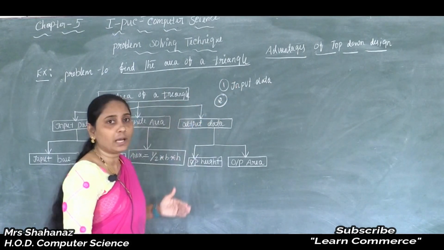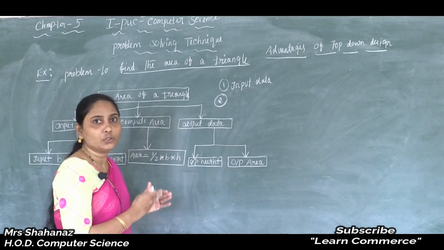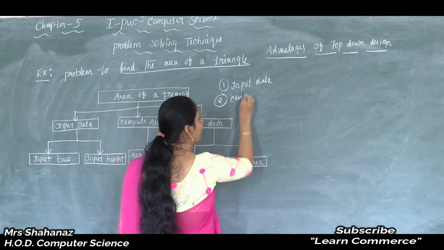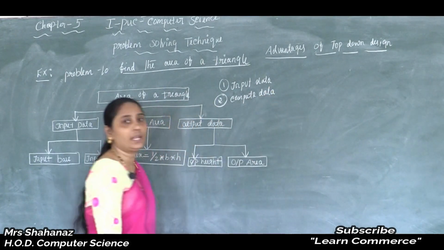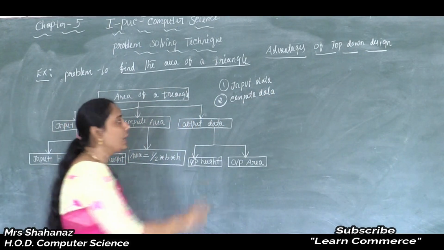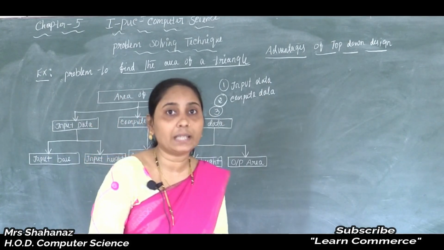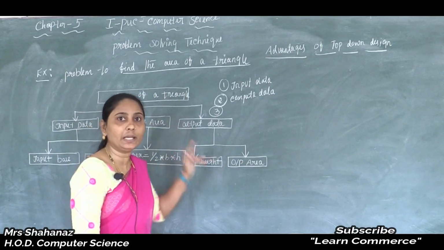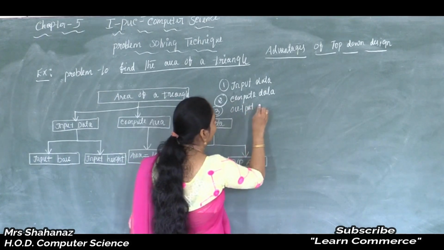Then by using such data, I am going to make some calculation that is called the compute data here. And lastly, after the calculation of such data, we will get the desired result that is called the output data.